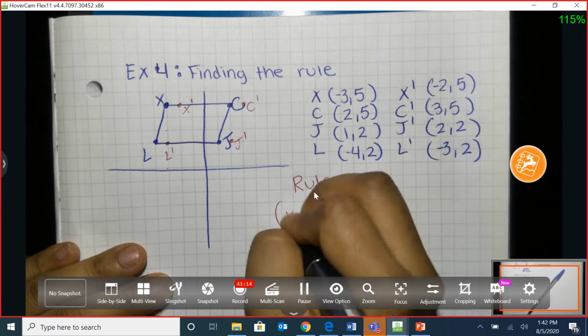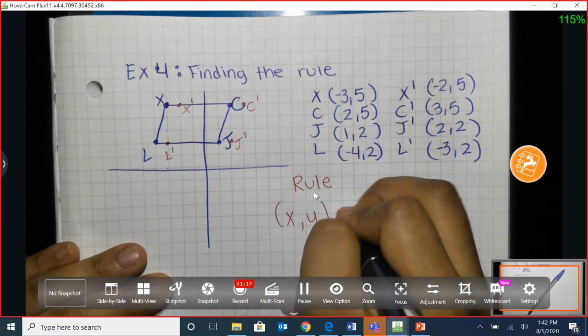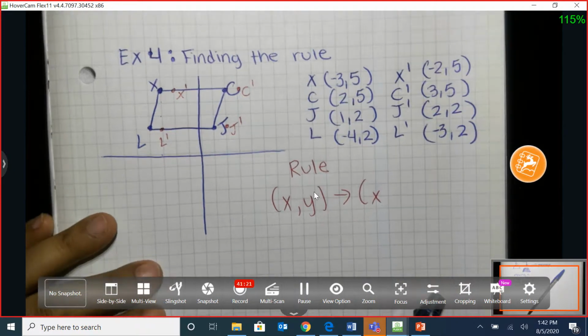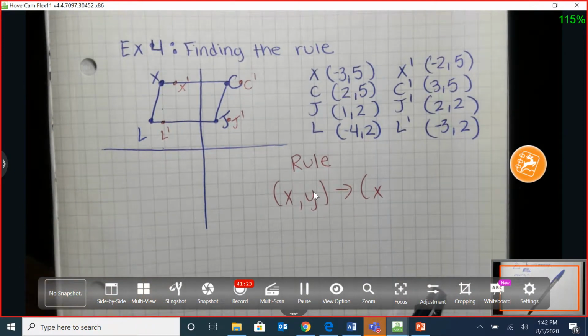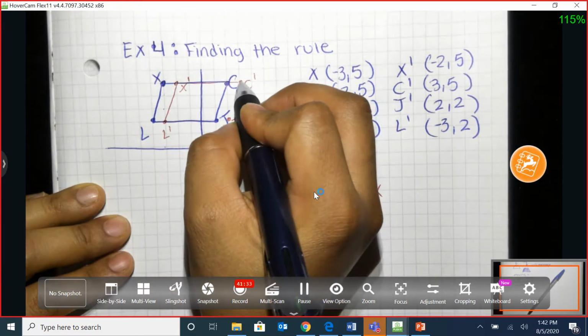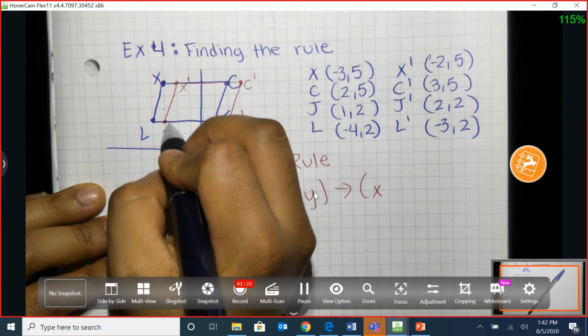For the rule, you're always going to do x comma y, the little arrow, and then you're going to put in the new rule. So once you're done copying this down, please let me know that you're done through the chat by saying done, so that I can move on into finding out how it is that we're going to, from the graph, tell apart the actual rule.